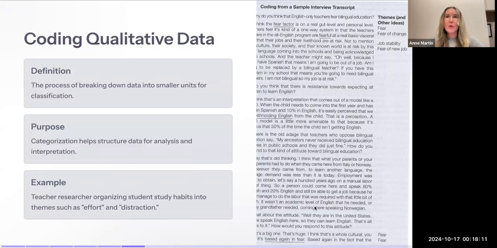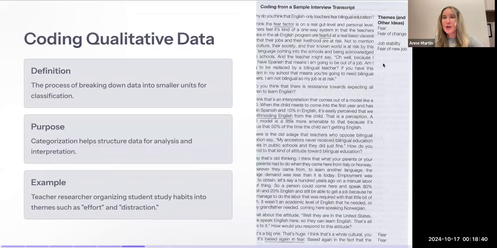And it can help you identify group-related ideas and identify larger themes or patterns in the data that can help you, again, address your research question. So an example might be if you're looking into study habits, you might have codes such as effort or distraction that come together. Mills does have an excerpt in this chapter.